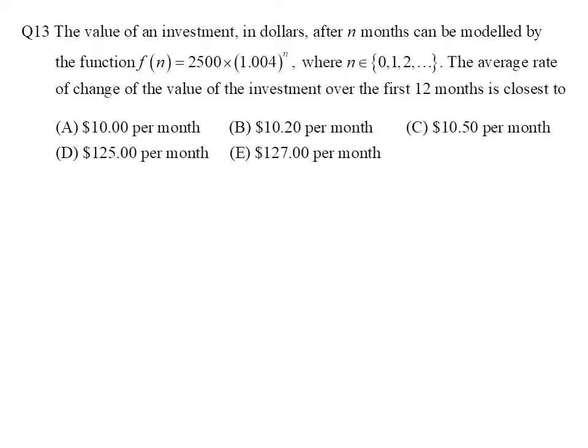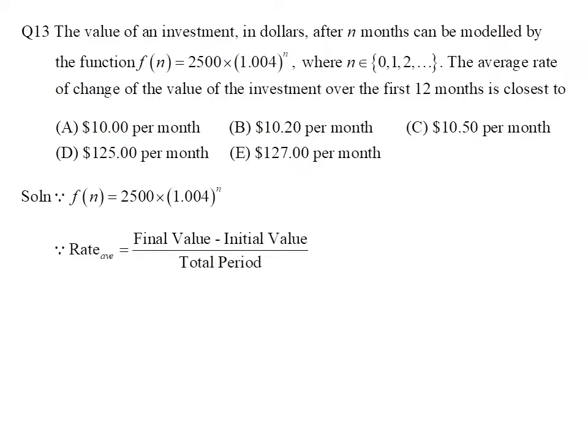The question here is to calculate the average rate of change of the value of the investment over the first 12 months. Since f of n equals 2,500 times 1.004 to the nth, in general, the average rate of change equals final value minus initial value over the total period.